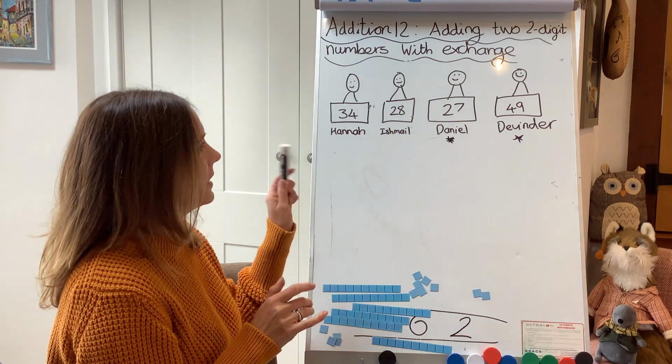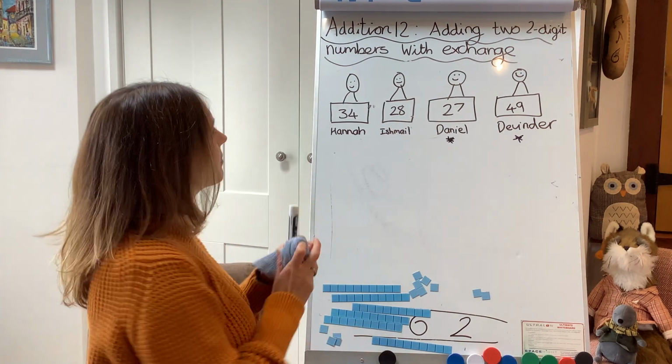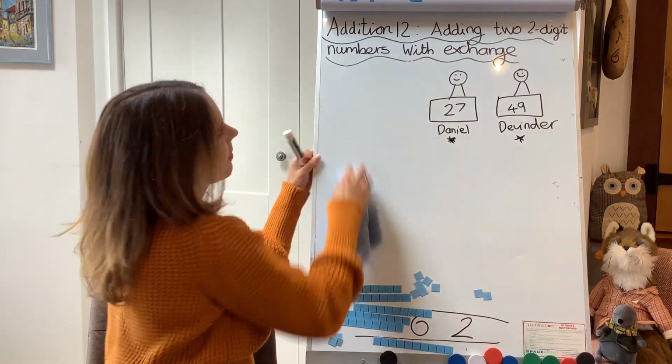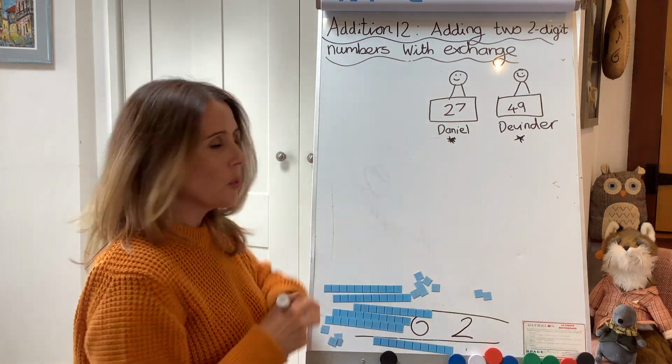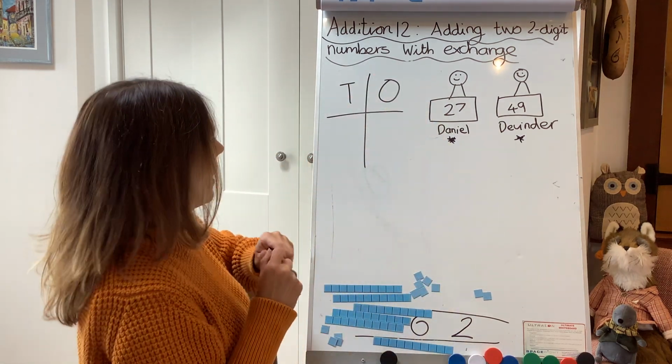Okay, so Daniel and Devinder. So Devinder has got 49 and Daniel has got 27. So let's start with the bigger number, okay?